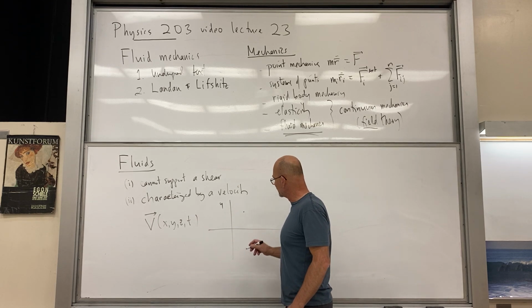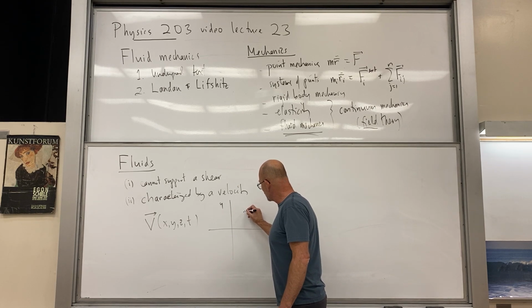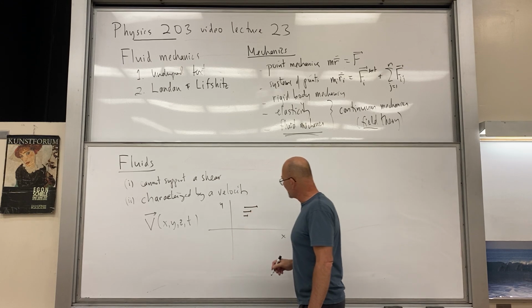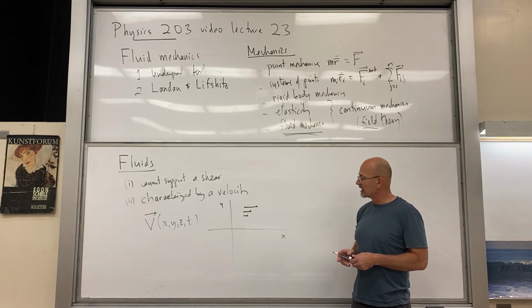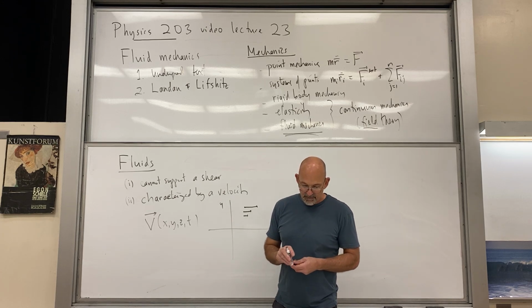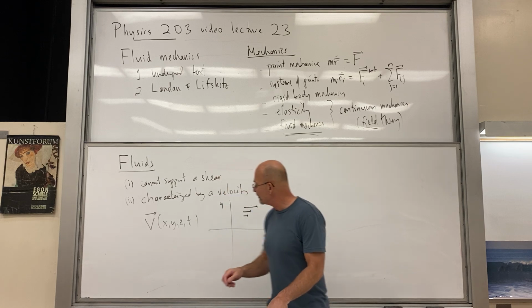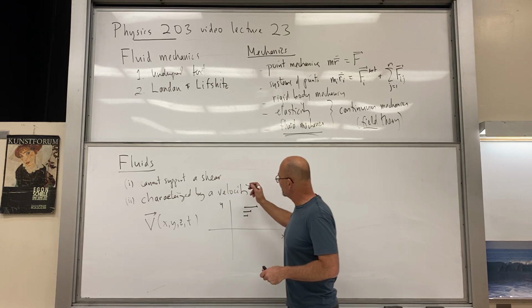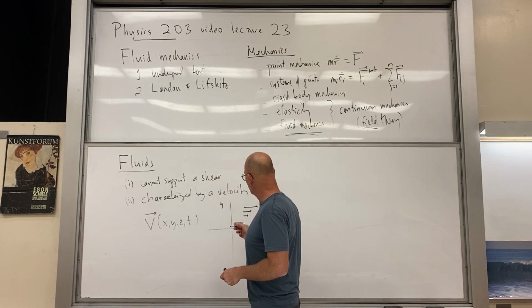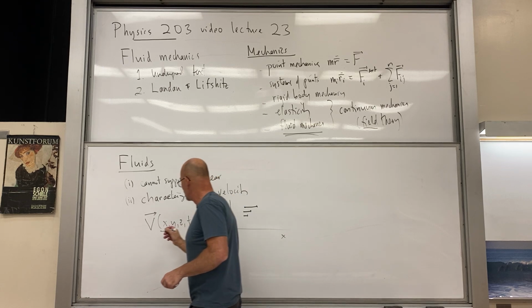That's the idea. So if you had a fluid flow, you can imagine all these vectors at each point, and they could be of different lengths, directions, and so forth. So there's your characterization by velocity.